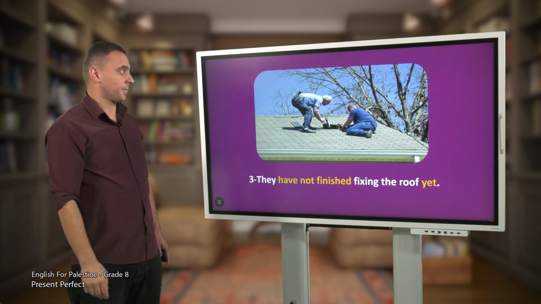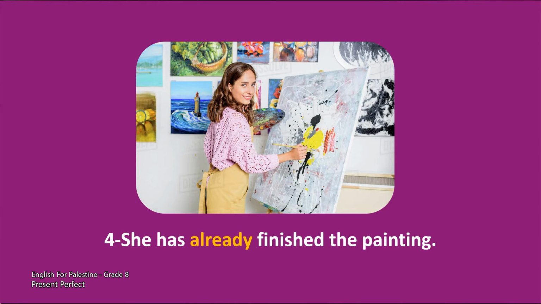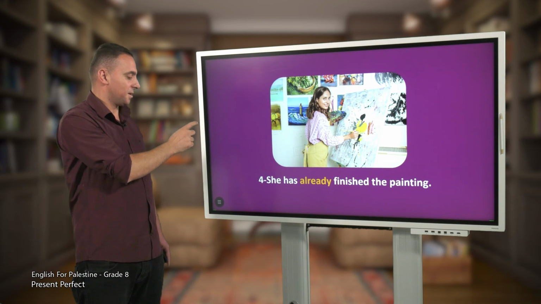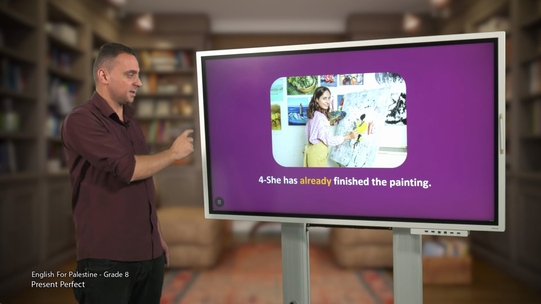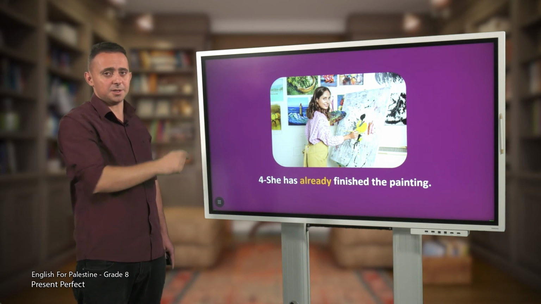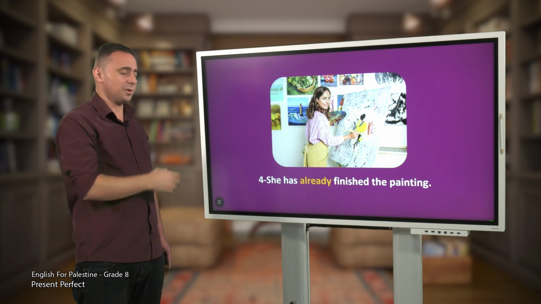Let's continue. Okay, dear students, look at this picture. Now we are going to use already with the present perfect to talk about this picture. We say, she has already finished the painting. Again, she has already finished the painting. Notice we have the word already, and it's in the middle between the helping verb has and the past participle finished. What does already mean?